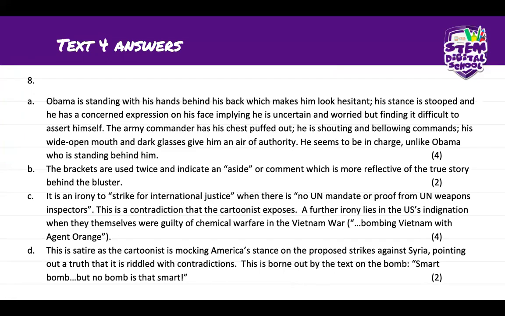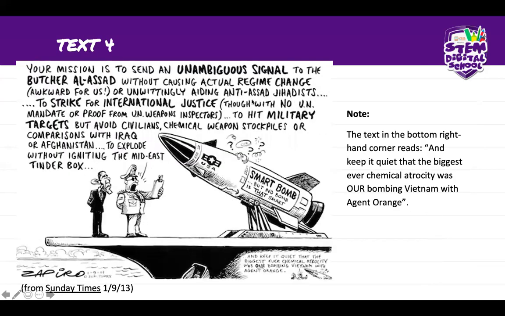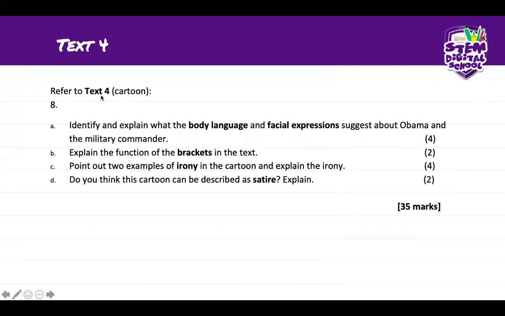It's something you would say to yourself while you're speaking to someone, or a comment which is more reflective of the true story behind the bluster, as you can see right here: though with no UN mandate or proof from the UN weapons inspectors. So that's not what he would definitely have said out loud, right? And note this pun here. Awkward for us, awkward for US.